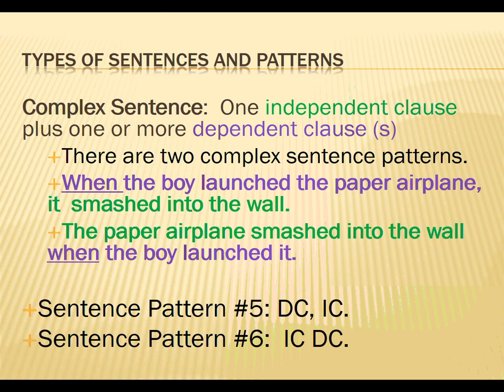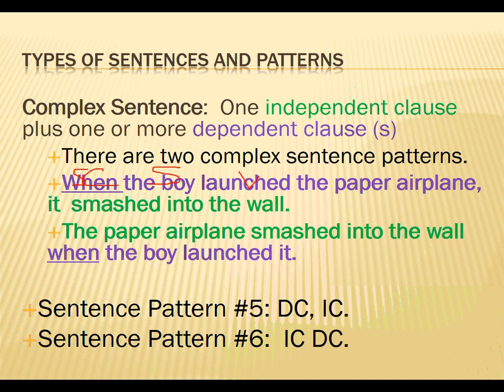Let's examine the two example sentences. The first sentence is "When the boy launched the paper airplane, it smashed into the wall." The first part of the sentence begins with the subordinate conjunction when, followed by the subject, boy, and the verb, launched.